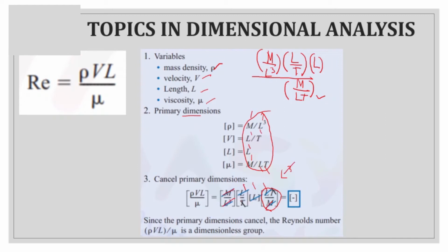Then we have time at the denominator and also time at the numerator. Therefore, this dashed line here indicates that the Reynolds number belongs to the dimensionless group. So that is a basic example of a dimensionless group.